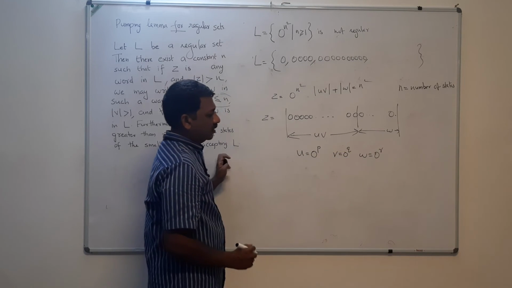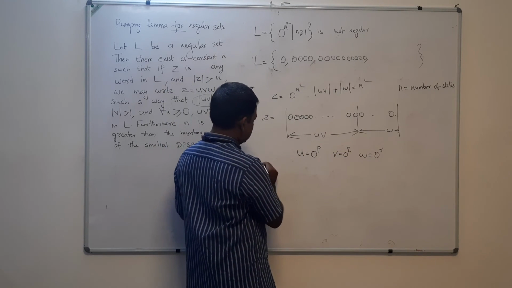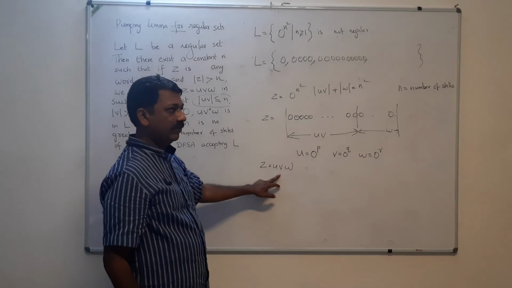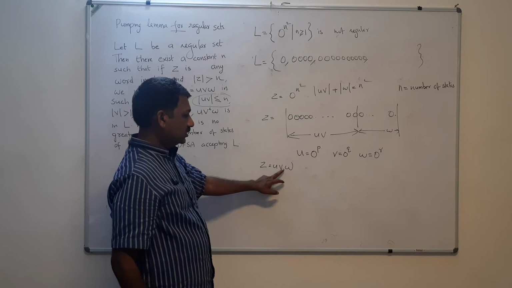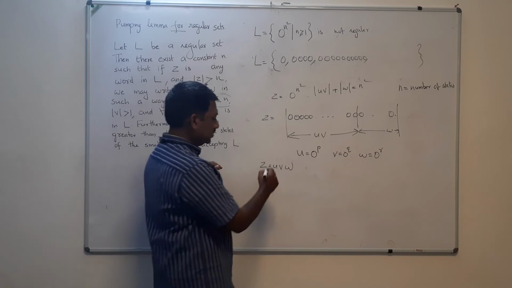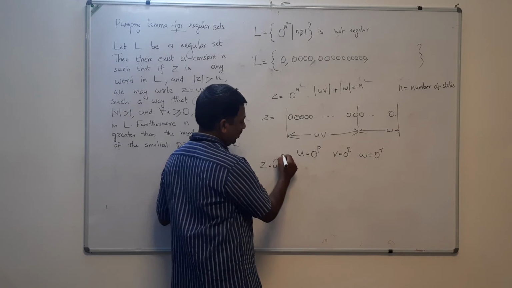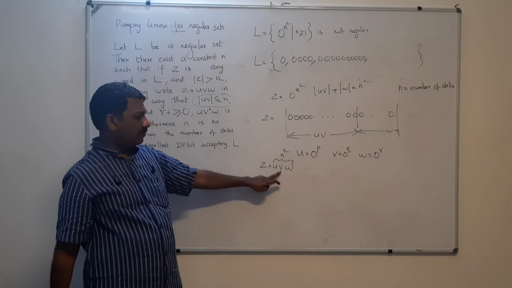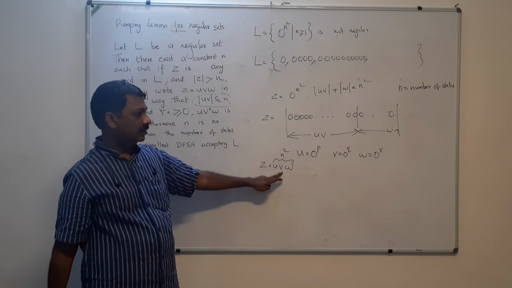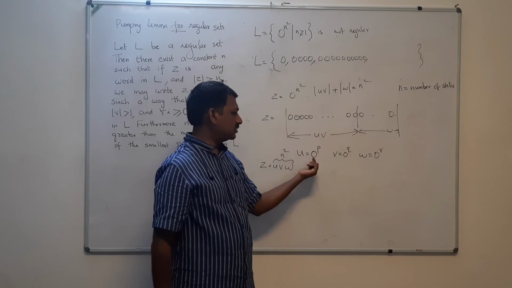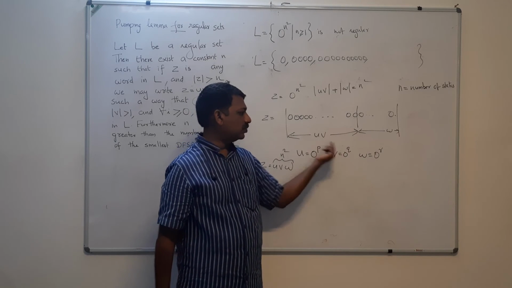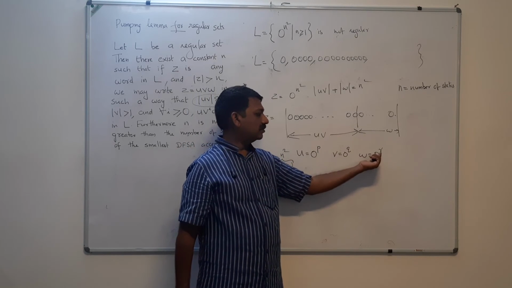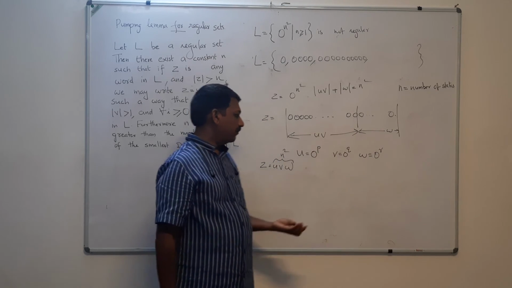Okay. See, if z is equal to uvw, when this is having, say, length n square, and suppose that we are pumping at this point, uv, that means this uv is having length 0 raised to p 0, that means p plus q is the length of uv, and r is having length r.